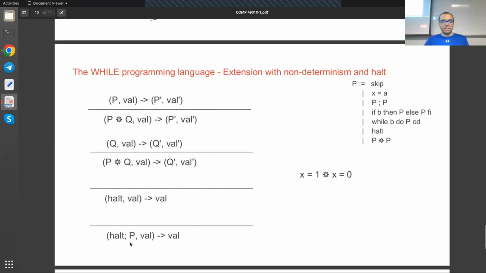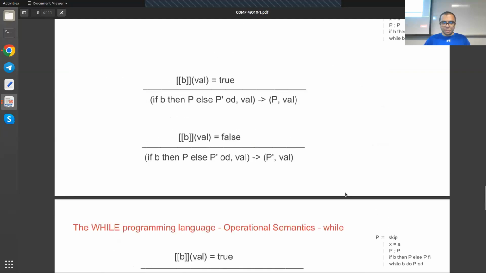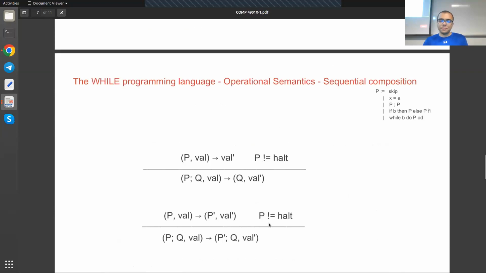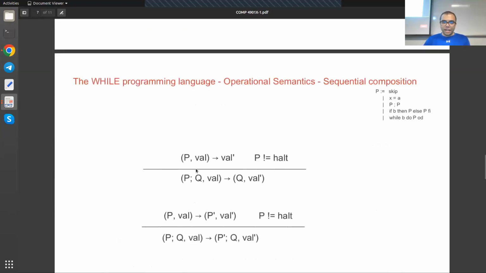So if I have this kind of sequential composition where it starts with halt, no matter what comes afterward, I just terminate immediately. But then this means that I have to go back and I have to update one of the previous rules that I had, and this is the rule for sequential composition. So previously I said this.